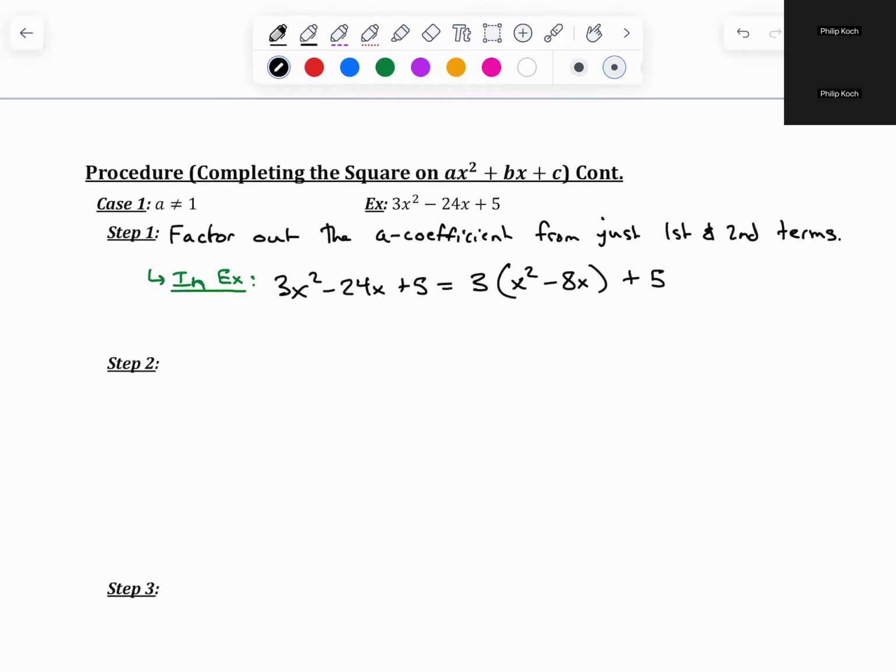Now, the question you may be asking is, how did you know to do that? This is something mathematicians struggled with for a long time to figure out what would work. There is a method that looks similar to the previous method, but instead of b over 2 squared, it's going to be b over 2a quantity squared.